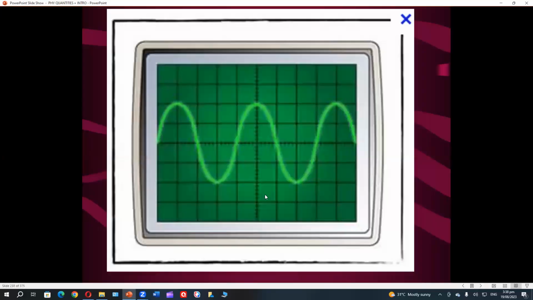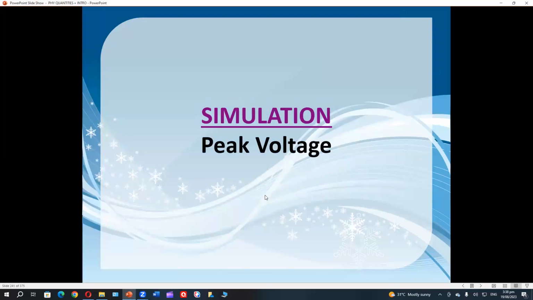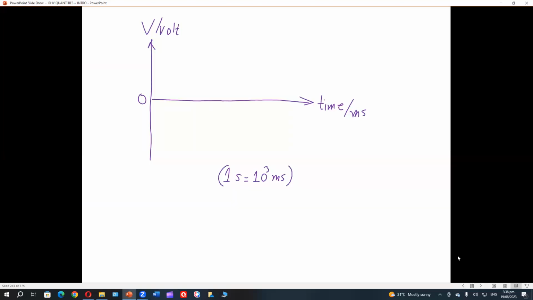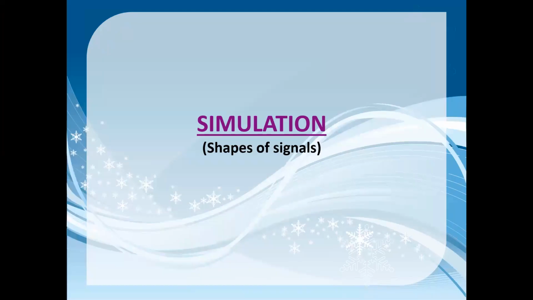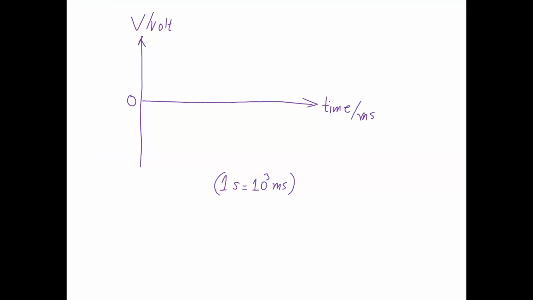After giving this heading, write under it that the output of a CRO is a graph of voltage against time.